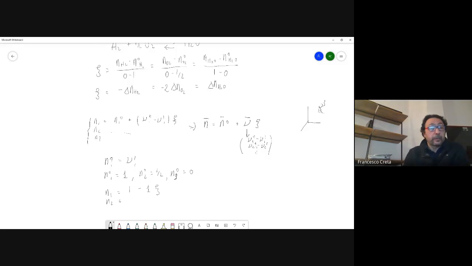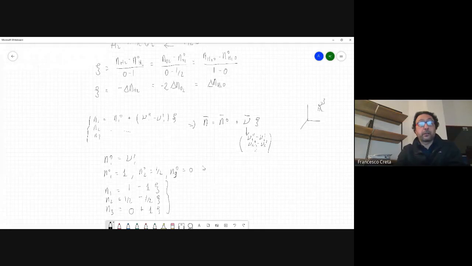N2 is 1/2, and so that's N2,0, and then the difference between stoichiometric coefficients is minus 1/2. And N3 is simply 0 plus 1 psi. So you see now that we have very easy representations.